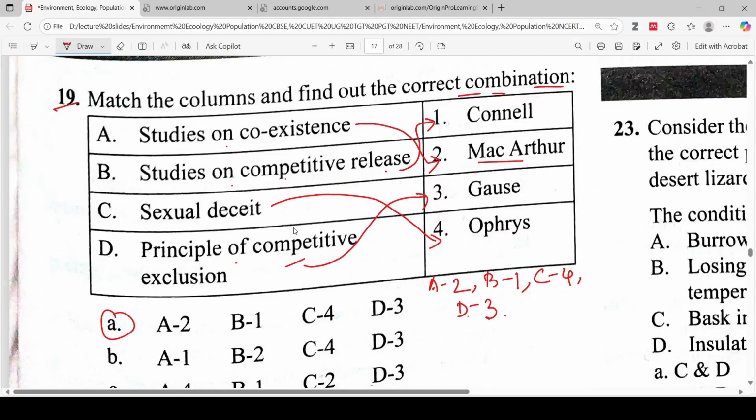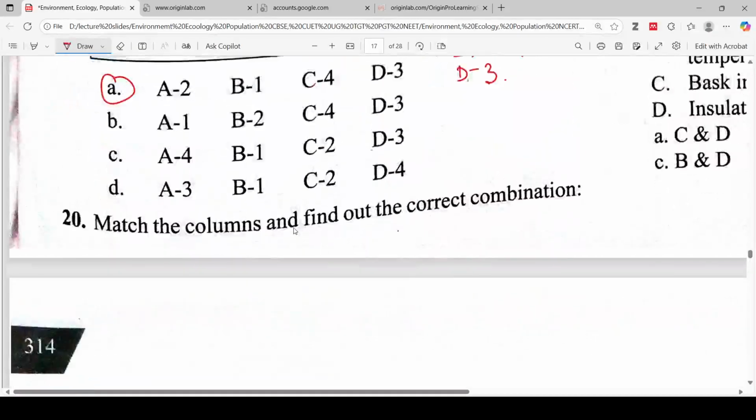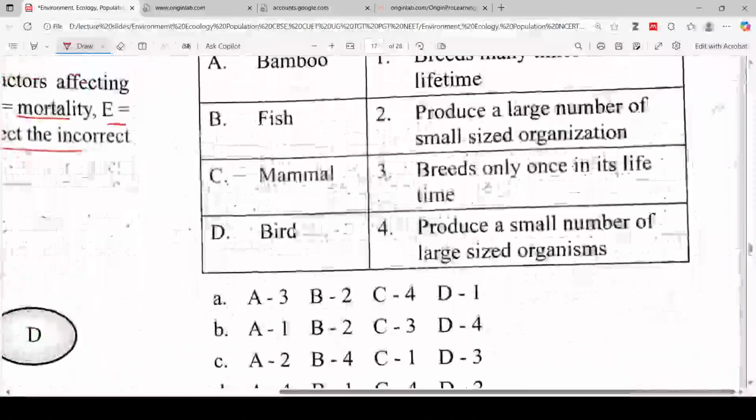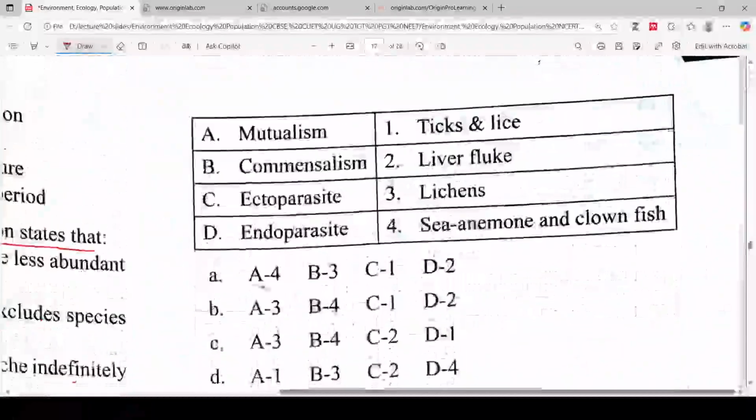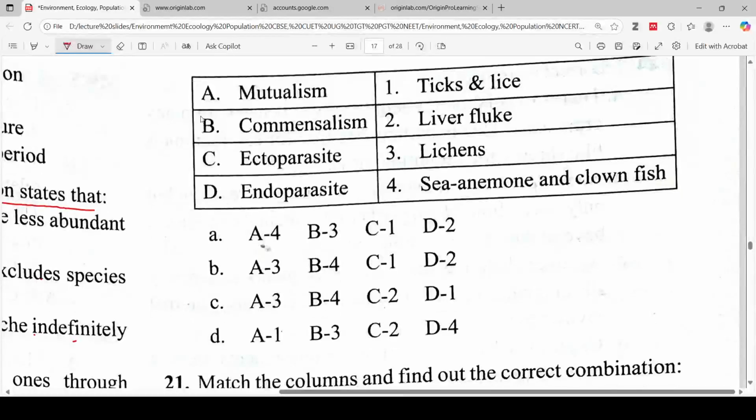So next question, again matching. Mutualism, A matches with 3.